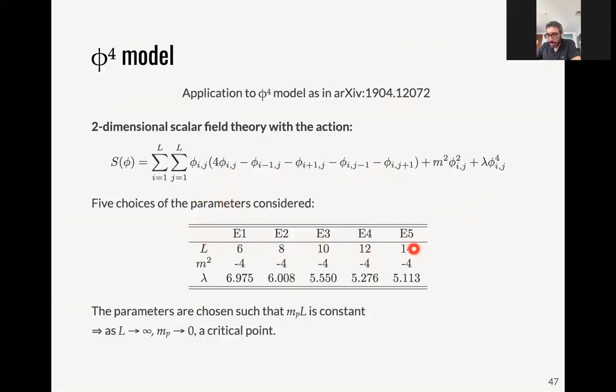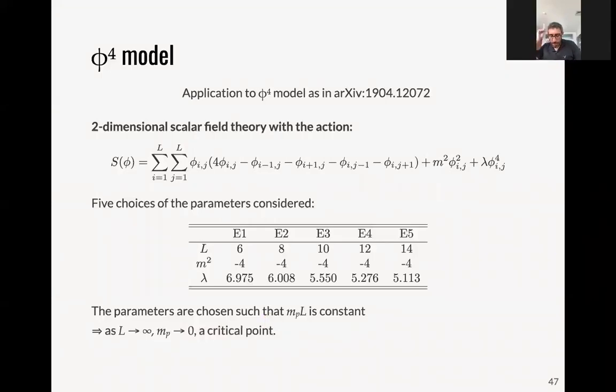So you're increasing the volume here, you're increasing the area of the lattice, you're keeping the bare mass here fixed to -4, and then you're changing this self-interacting term in a way where this pole mass MP times L, which is a characteristic of the theory, is kept constant, which means that as you increase the area, then in order for this MPL to be kept constant, you're driving the mass to 0, and that's a critical point.